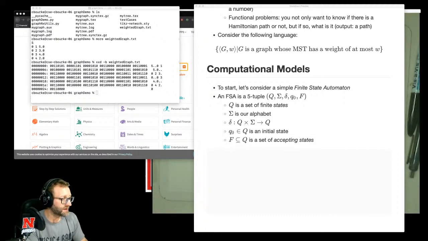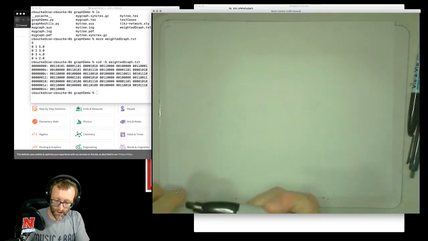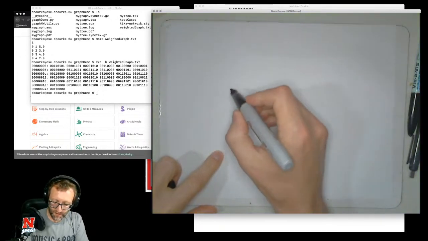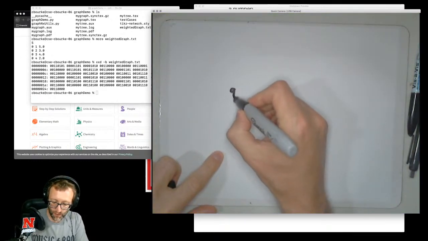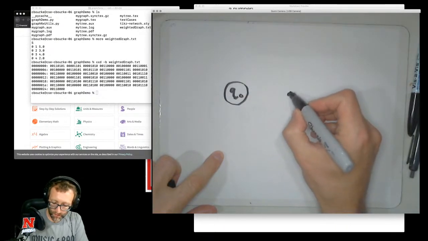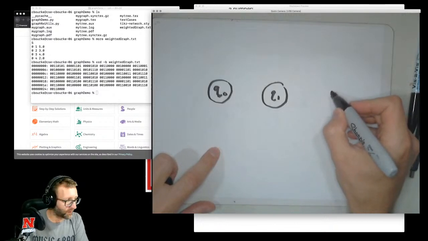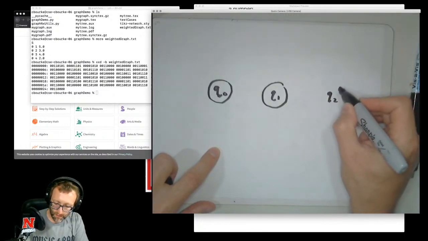To understand this, first let me draw you a picture of a simple finite state automaton. This is going to have three states: Q naught, Q1, and Q2. I forget what this computes, but we'll go ahead and figure it out together.